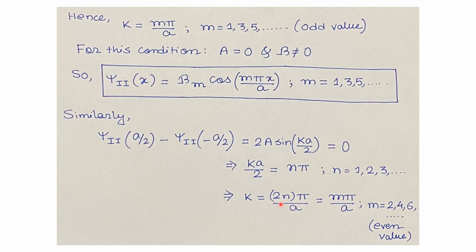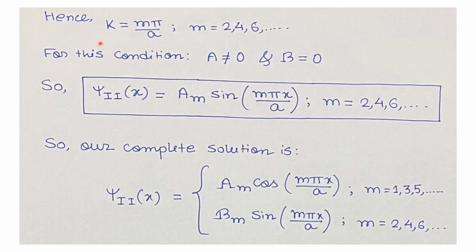Now we will write this 2n as m. So m will take the values 2, 4, 6 and so on, so the m values will be even integers. So we have k equals m pi by a, where m takes the even integer values, that is 2, 4, 6 and so on.